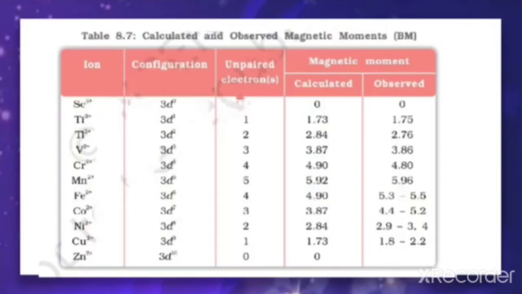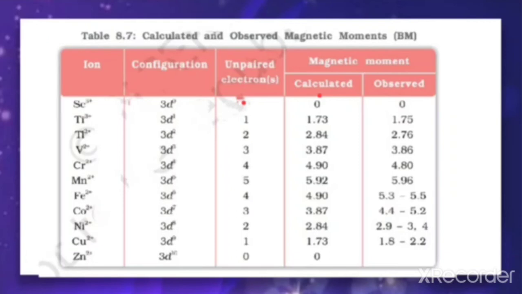When you look at this chart, the n values increase like 1, 2, 3, 4, 5, and after manganese the value decreases, that is 4, 3, 2, 1. And when the value of n is equal to 0, the value of the magnetic moment is also equal to 0.